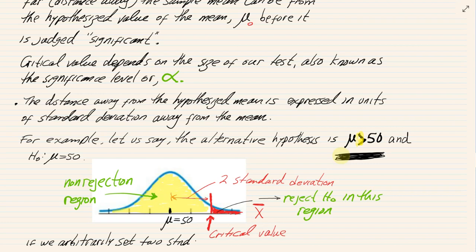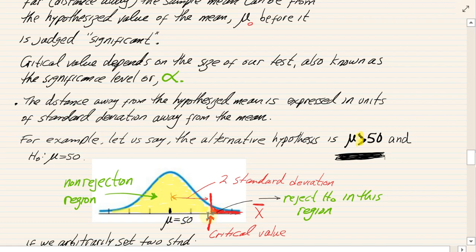In this red region, we're going to reject the null hypothesis. I'm giving this much under the distribution. Everything less than 2 deviations on the positive side, I'm going to give to the null. So for example, I didn't make up a deviation here, but let's say each deviation is 10 units. So I see here 50, 60, 70.